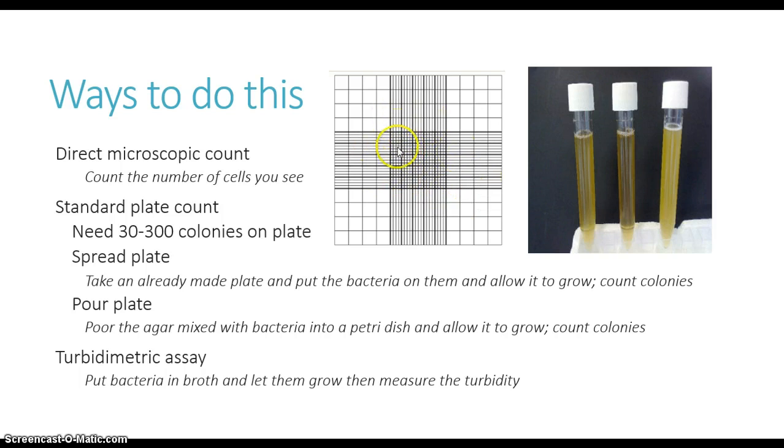Then you go through each one of these little boxes or columns, and you count how many cells you see in this little area, and then usually you will typically multiply it times some coefficient, and you'll get some number of cells per some volume.